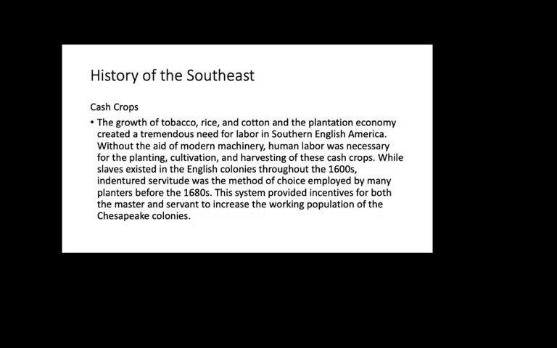So essentially what happened with tobacco, obviously, we know why people used tobacco. They weren't able to get it in all European countries, even though it came from Spain. Rice was another thing that people used large quantities of. Cotton was used to make clothing, make materials, as we called them, textiles.